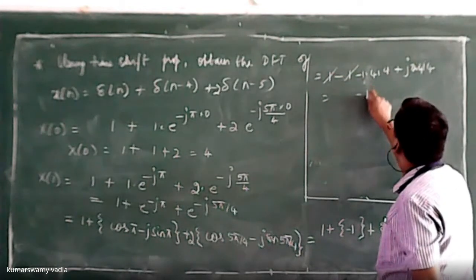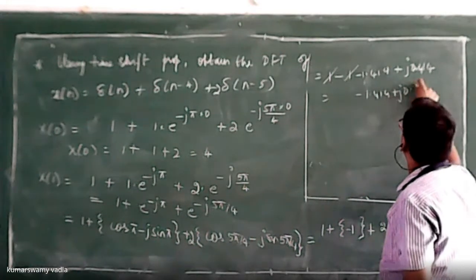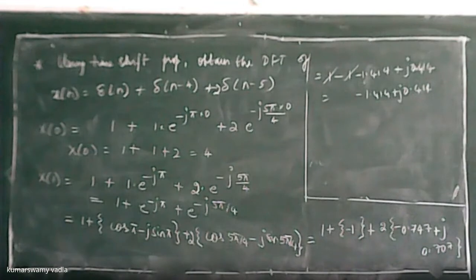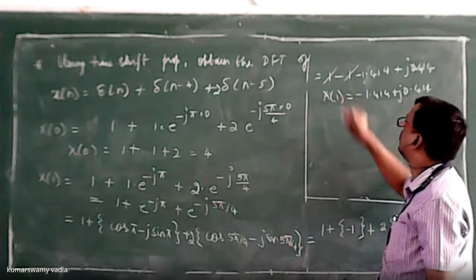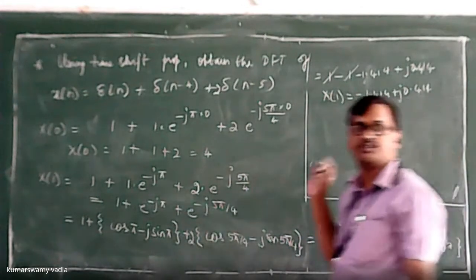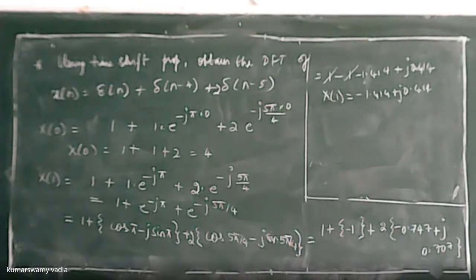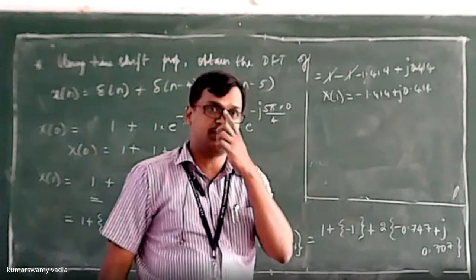So minus 1.414 plus j 0.414. Is the value correct? X of 1 is equal to this. Is the X of 1 value correct, students?